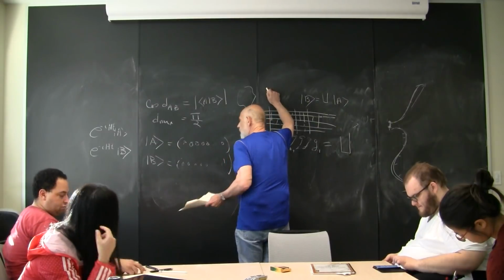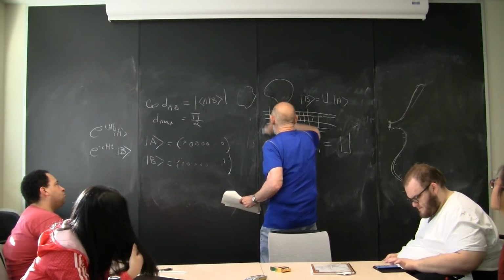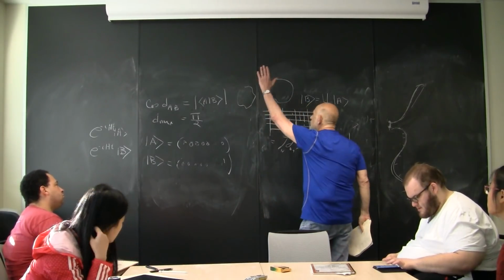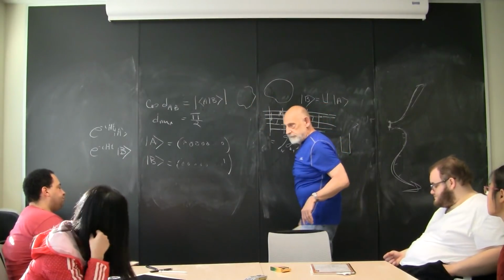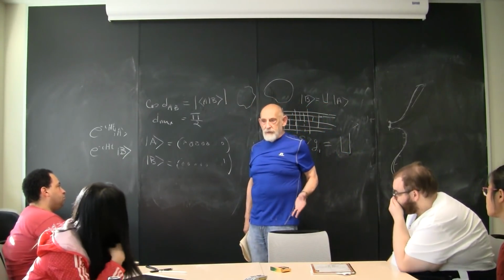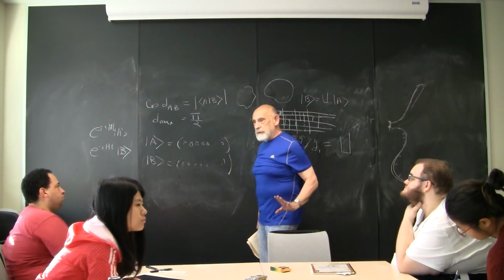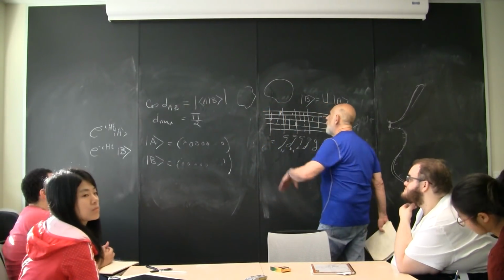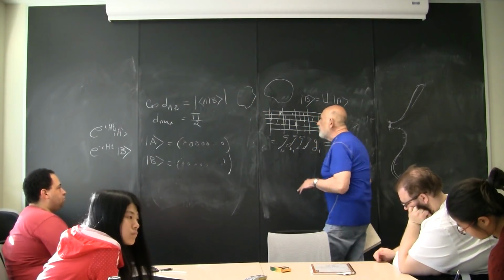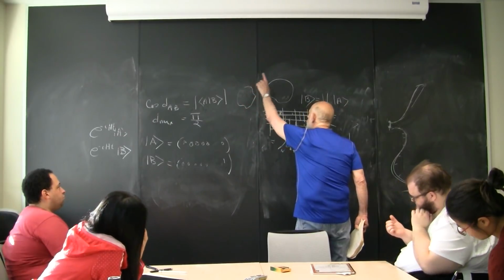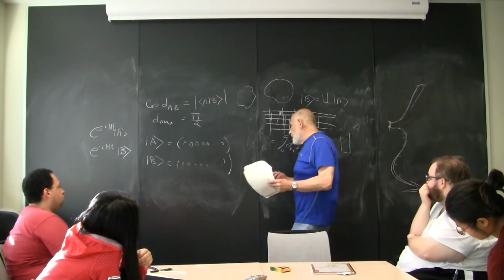For example, supposing your state space divided up into two kinds of states, and it was simply very difficult or impossible to make transitions between these. That's what you mean by superselection sector. I'll give you an example in a moment. But a good measure of the idea of a superselection sector is to say that to go from one to the other requires an infinite complexity. How can that happen? Well, I'll give you an example.